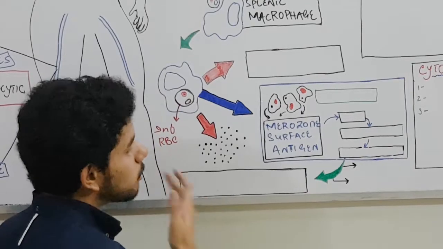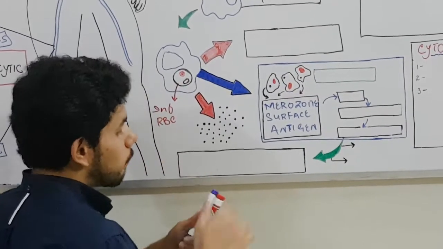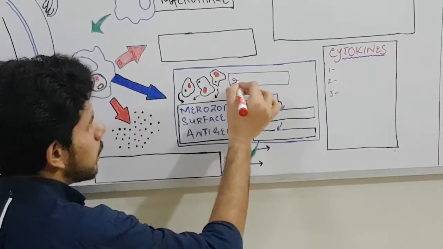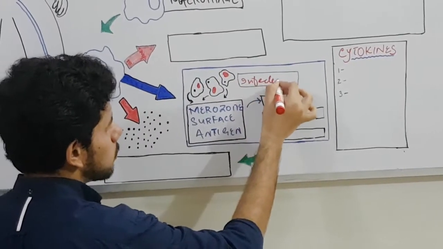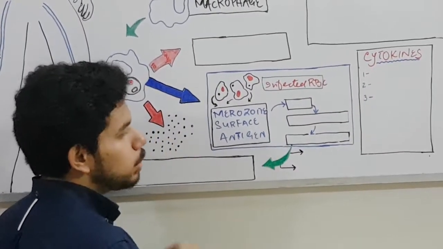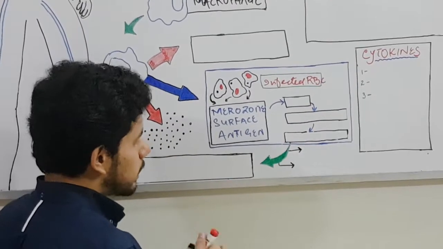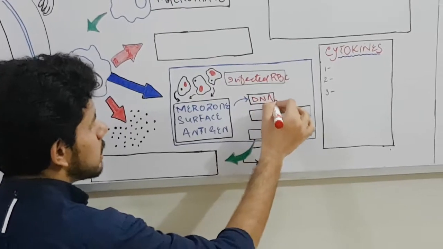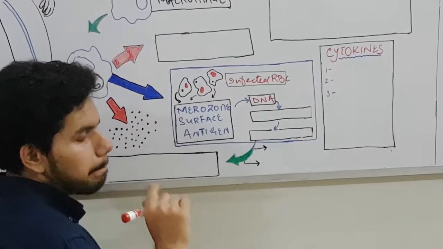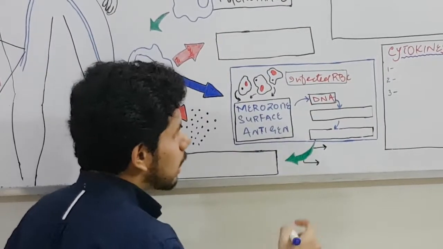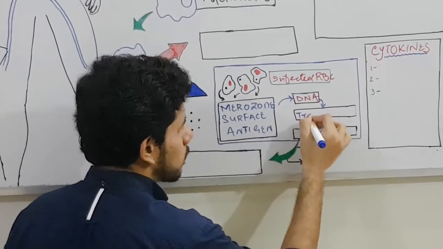What does merozoite surface antigen do? First of all, from where is this merozoite surface antigen released? From the infected RBC. What does this merozoite surface antigen do? It makes changes in the DNA of the macrophage, and these changes in the DNA start a process known as transcription.